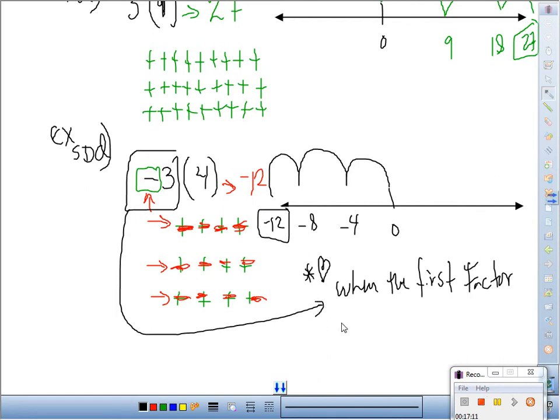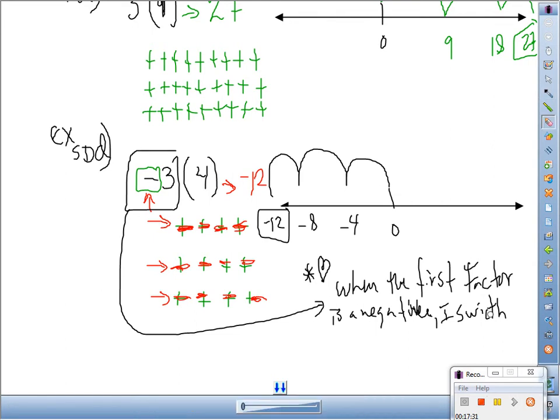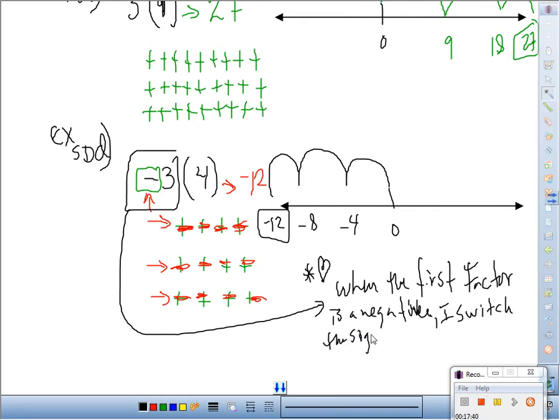When the first factor is a negative, I switch the signs of the tiles.